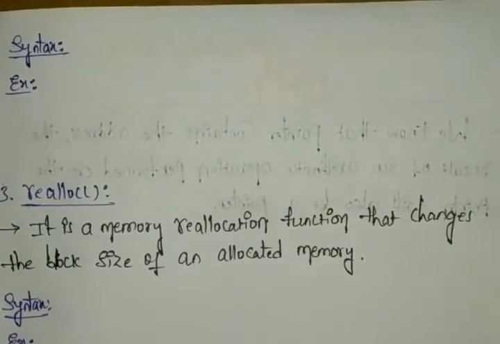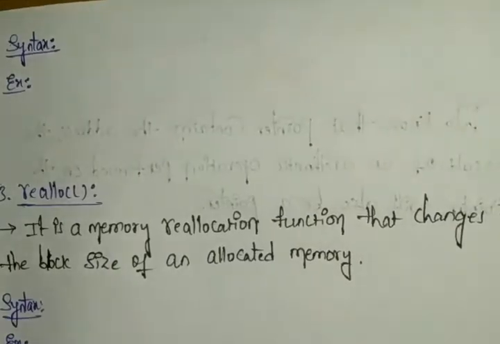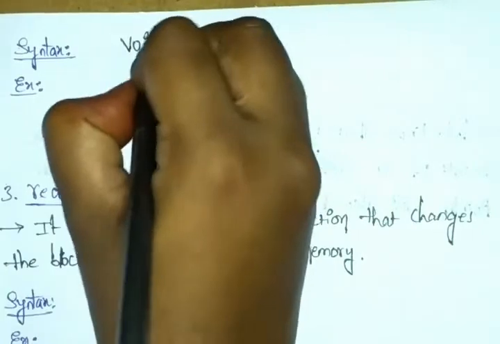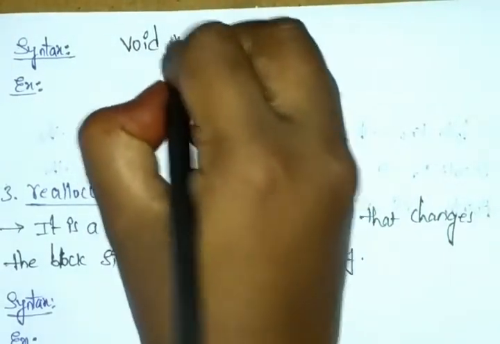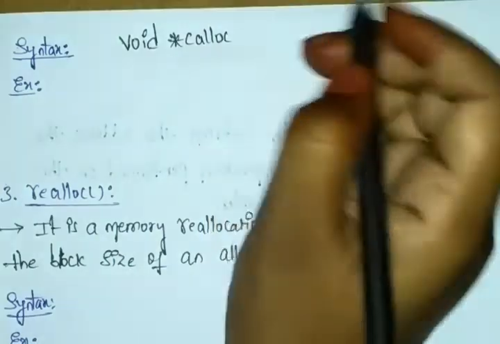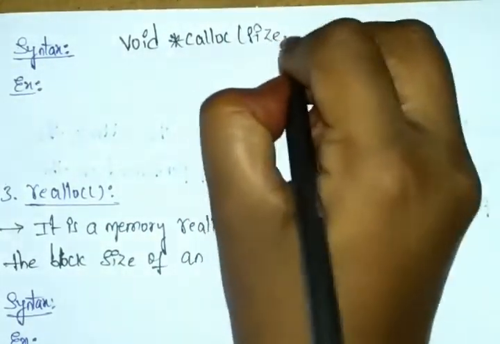First, it is also having the void. It is also having the void. And next, we are talking about the calloc allocation. It has the size.